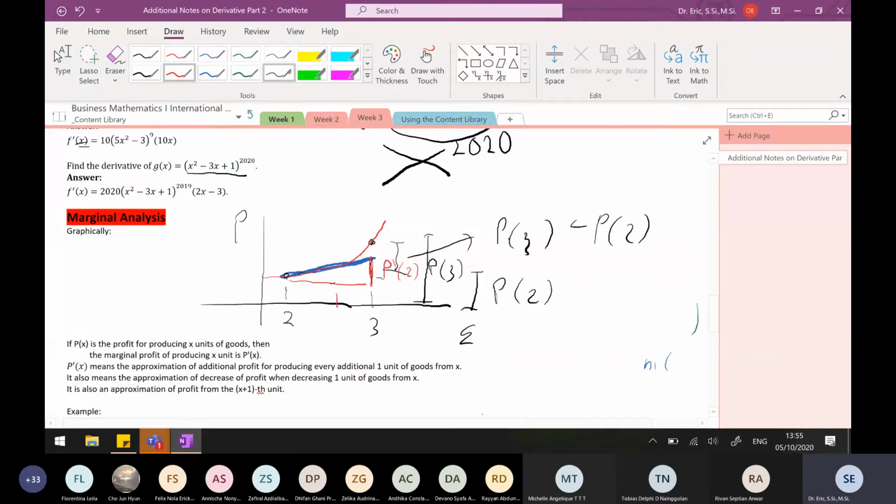And this is a good approximation of the actual P3 minus P2. The actual P3 minus P2 is this, but the approximation is this. So this is a good approximation, but it is just an approximation of the profit of producing the third unit. So again, your question?